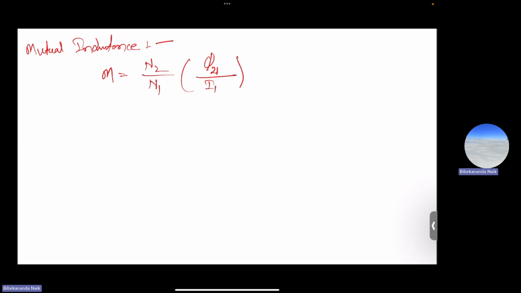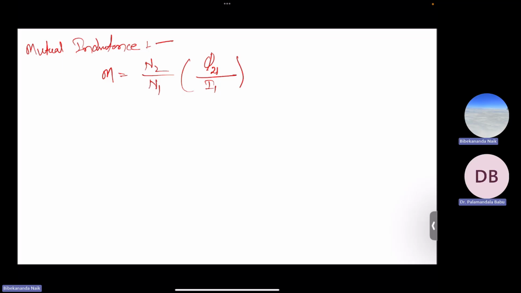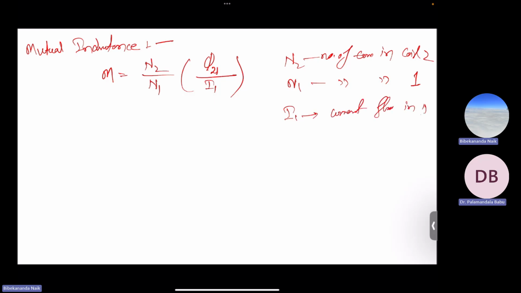So how is this coming? Let's first discuss the notation. Here N2 is the number of turns in coil 2. Similarly, N1 is the number of turns in coil 1. I1 is the current flowing in coil 1.